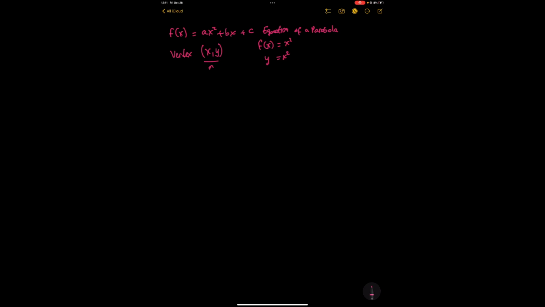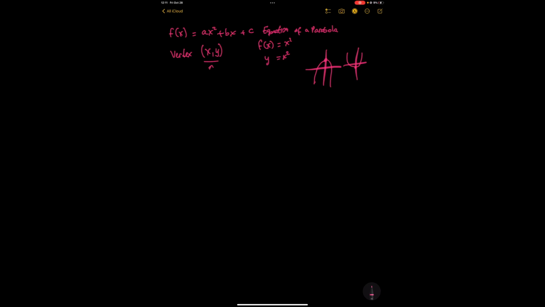So for instance, if you have a graph like this, this point right here is the largest y coordinate. And if you have something like this, that right here will be the lowest y coordinate. But again, we're going to be doing some exercises soon.